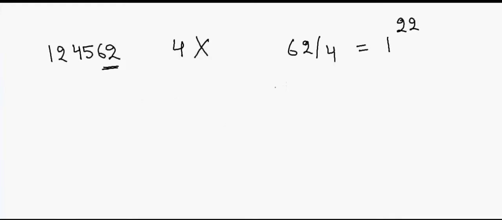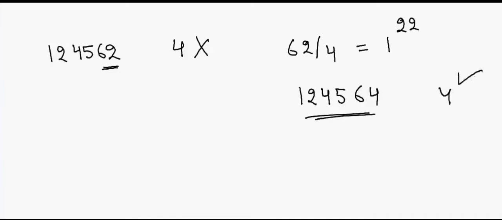So how can I modify this number? If I add 2 more at the end, so I make it 1 2 4 5 6 4, then this number should be evenly divisible by 4. And I can modify this number any way. I can write 4 3 2 1 6 4, then again it is divisible by 4.